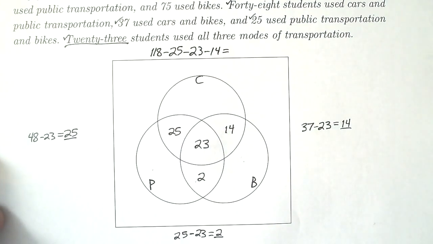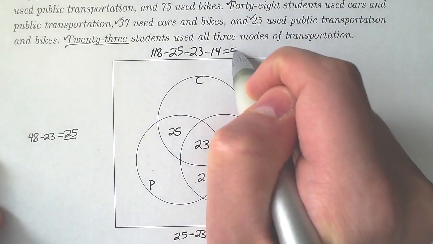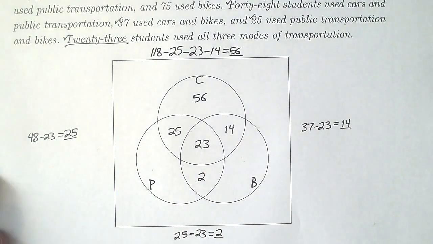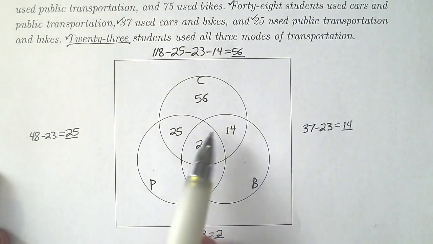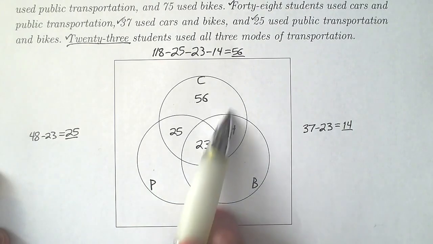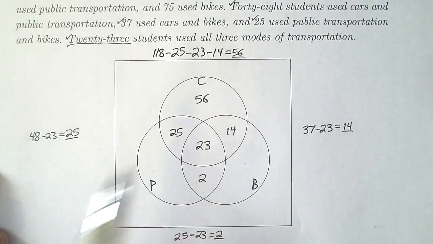So, a calculator comes in handy for this stuff. We get 56. And you can double check that now we do have 118 students in the circle of C.